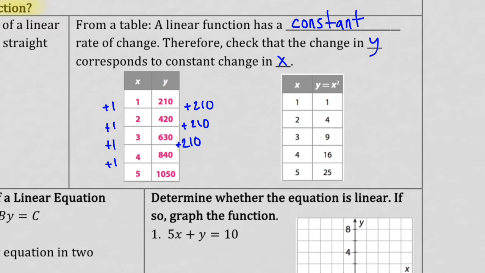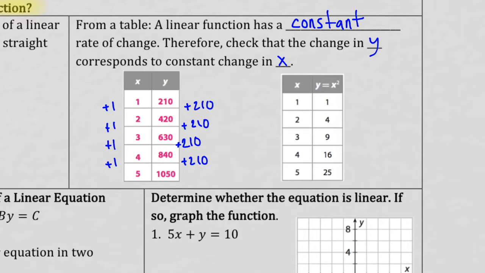And from 840 to 1050, if you check the difference there, you added 210. And so you can see that the rate of change for the y values is constant. Basically what you're doing every time to check the rate of change is to compare the numbers, okay? We're going to be doing this with a lot of different tables.